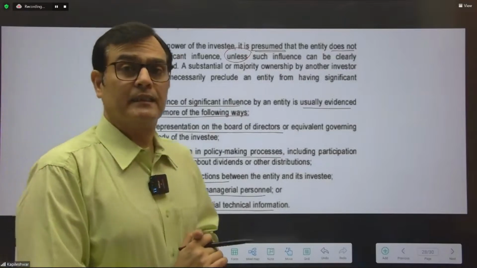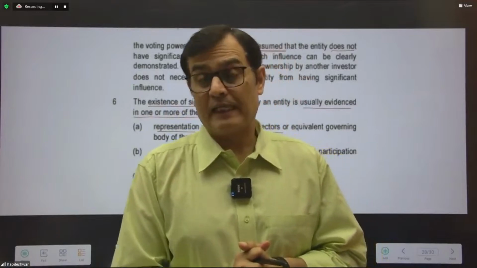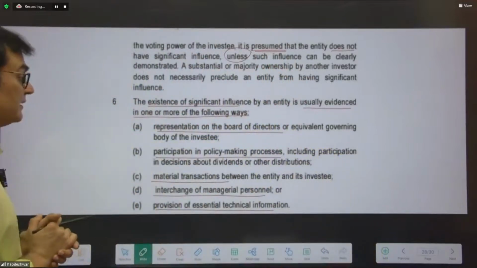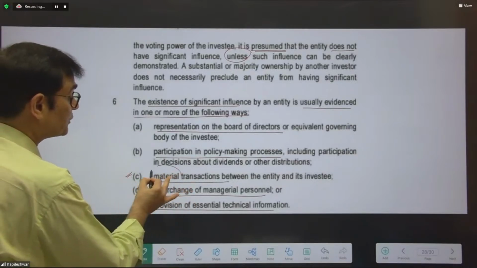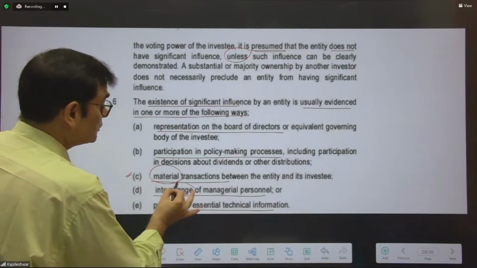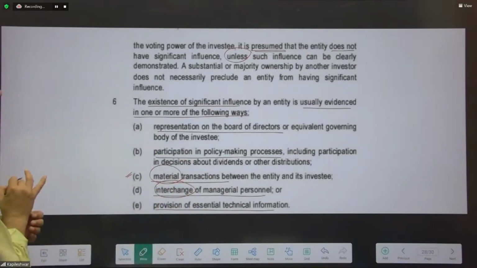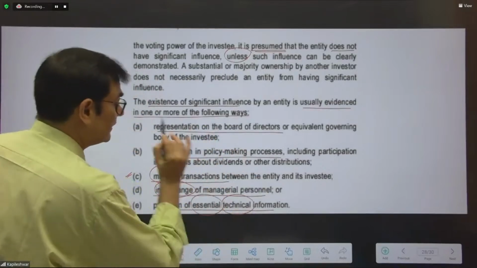The investor and investee may have certain transactions with each other. The couple of examples given is that there are certain transactions between each other, but those transactions need to be material in nature. There might be interchange of certain managerial personnel. There might be provision of certain essential technical information.